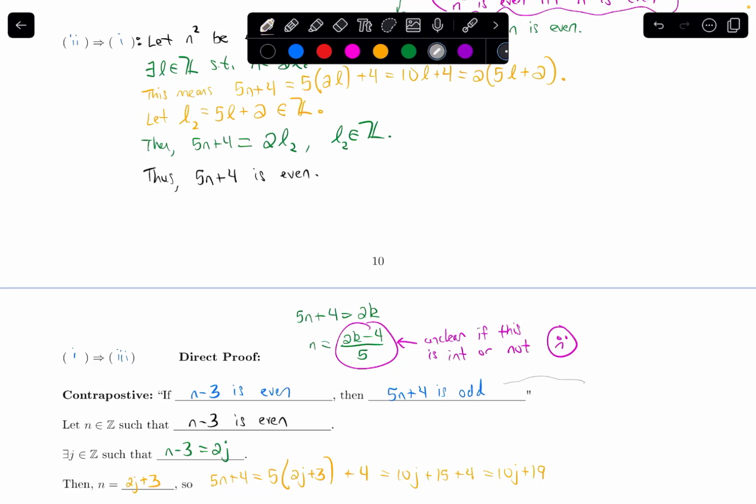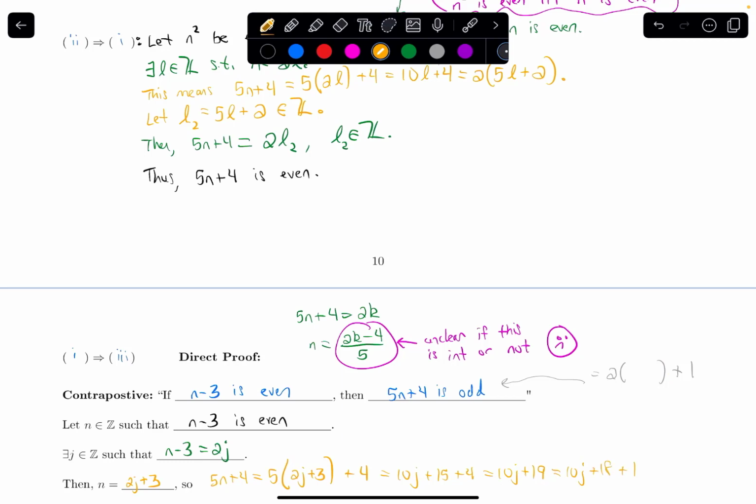To show that it's odd, I need to show that it equals 2 times some integer plus 1. But I don't have a plus 1, I have a 19. So what I can do is split up the 19 and write it as 10j and then plus 1 to get that plus 1 there. If I split the 19, I also need an 18 there.